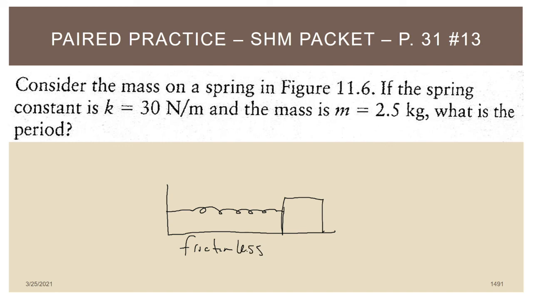It says here, if the spring constant is 30 newtons per meter and the mass is 2.5 kilograms, what is the period? Okay, so K, the spring constant, is 30 newtons per meter, and they tell us here that the mass is 2.5 kilograms. And they've asked us for the period.